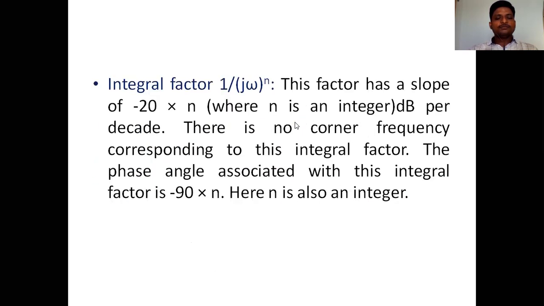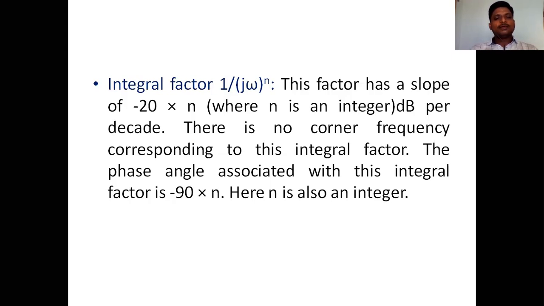Next, if we have an integral factor, meaning 1 by (j omega) to the power n, the factor has a slope of minus 20n dB per decade, where n is an integer.